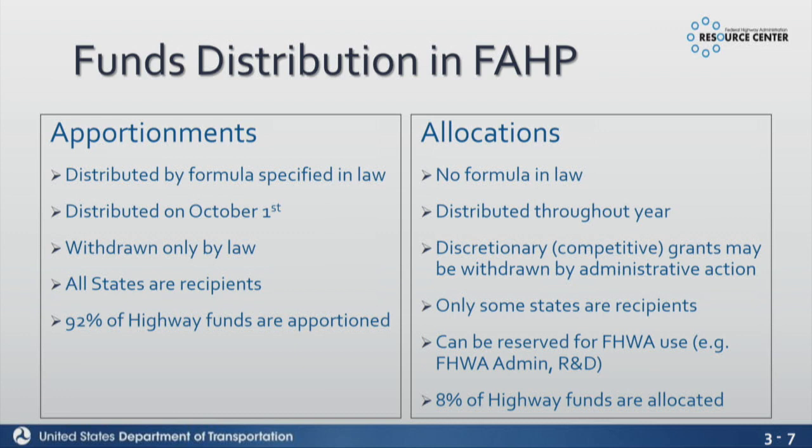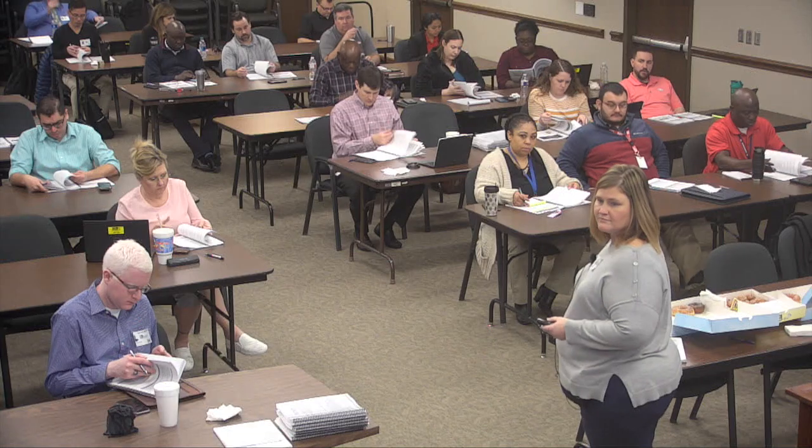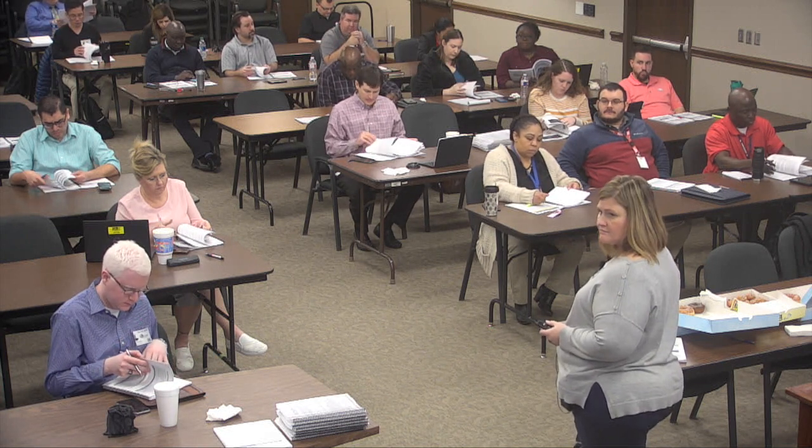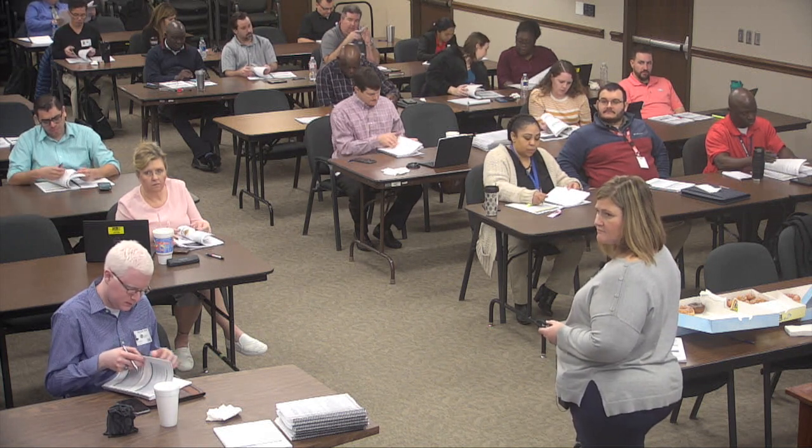So you can see all of the programs that we have out here, but we'll reference back to this when we talk about federal share. And like Federal Lands is one of our biggest allocated programs, but federal lands gets those every year.